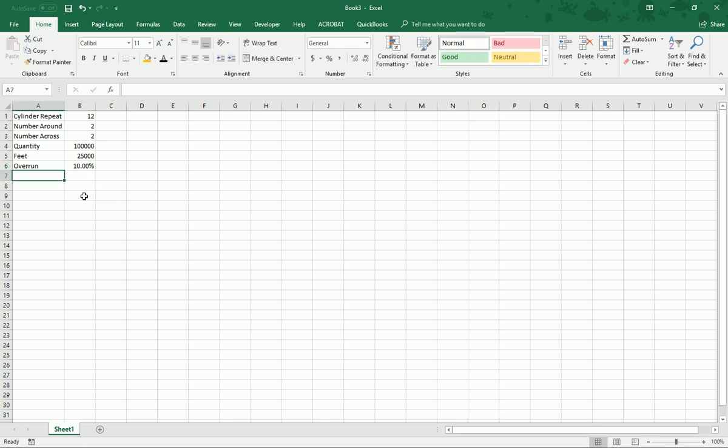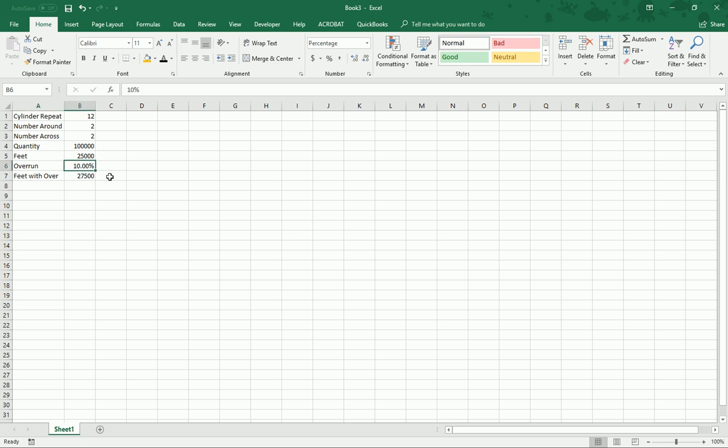So then what we have to have is feet with over. We would have equals the number of feet times, open parentheses, 1 plus this percentage, close parentheses. So we have the number of feet times 1 plus the number of feet times the percentage. It adds those up if you remember your math.